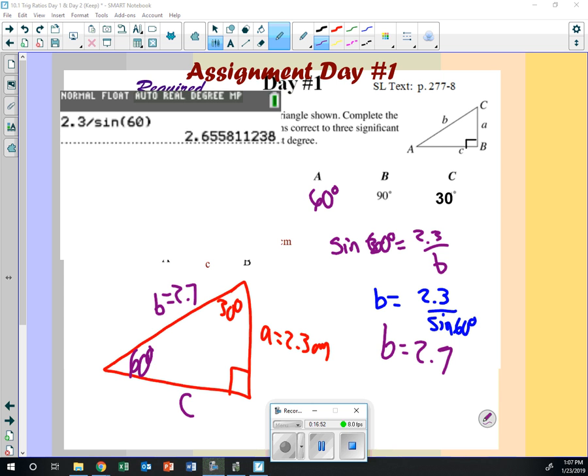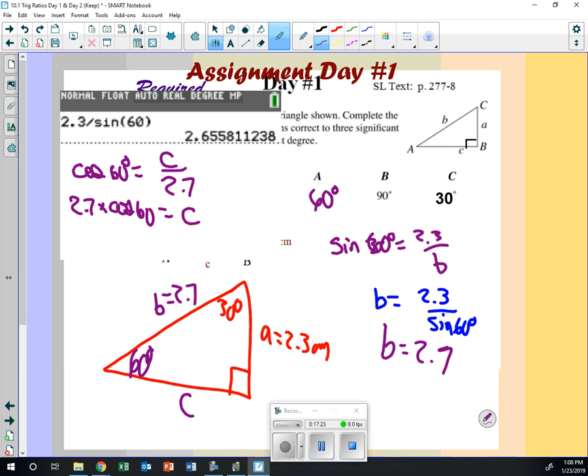Many ways to solve. So someone said that the cosine of 60 is C over 2.7. So if I multiply 2.7 times the cosine of 60, I'm going to get C. And that's going to be, well, I know this is half, so I can do this in my head.